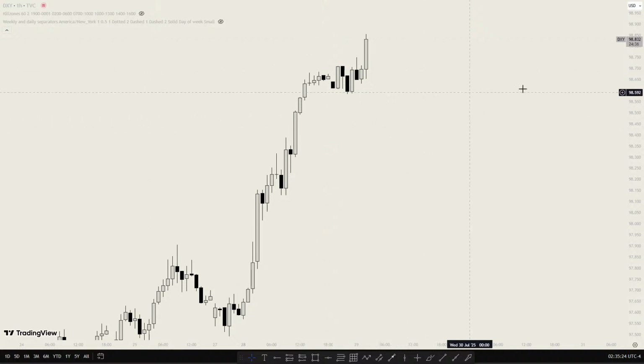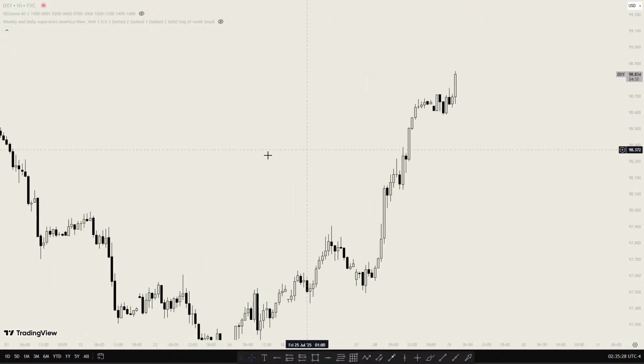And mostly for me, if I should start by looking at which pair I will trade, what I do every day is that I check the dollar index, because the dollar index is the driver of the foreign currencies.